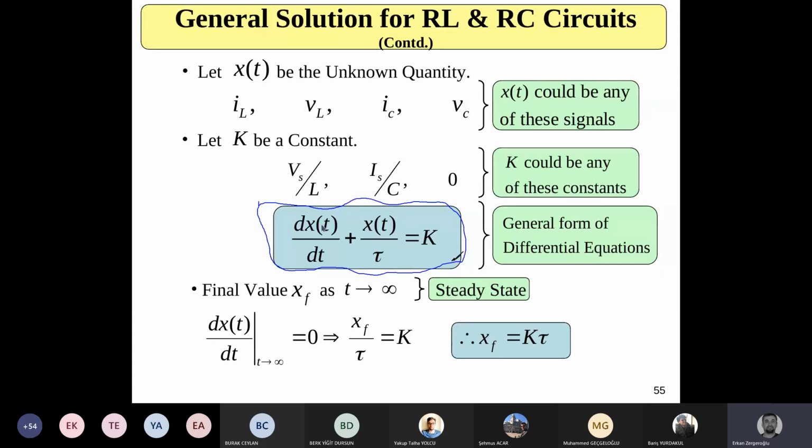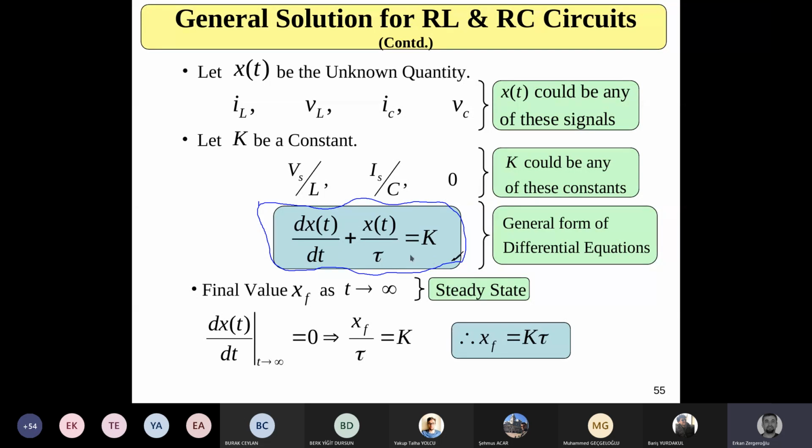It is the variable's derivative plus the variable divided by the time constant, equal to k, a constant. This is the kind of differential equation we need to solve.